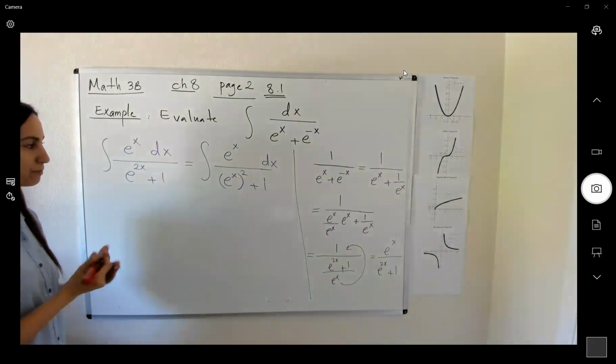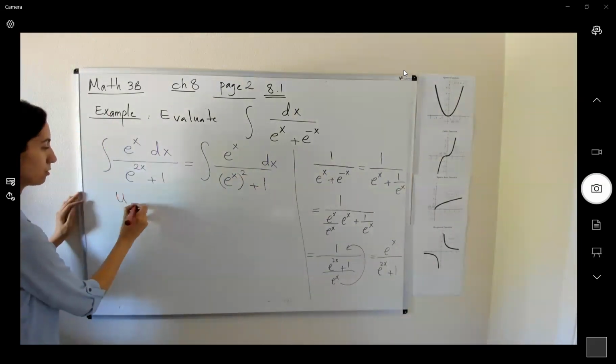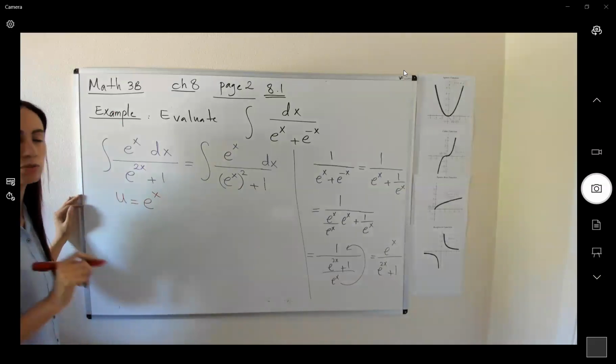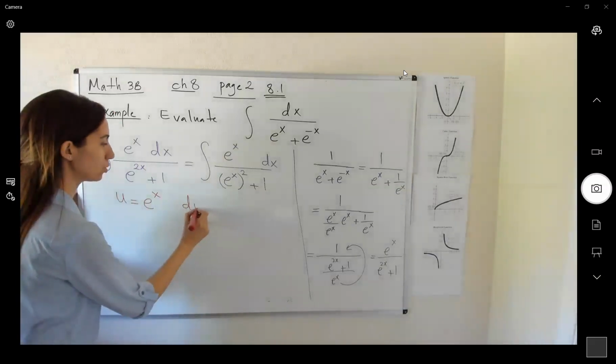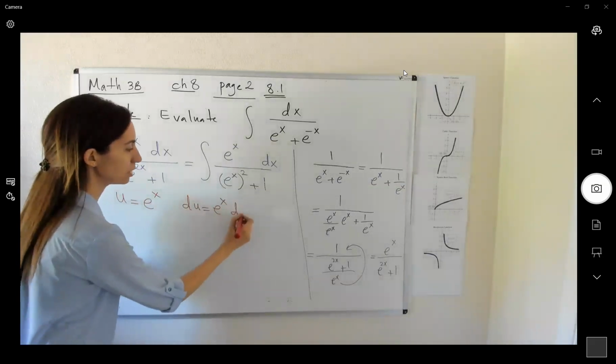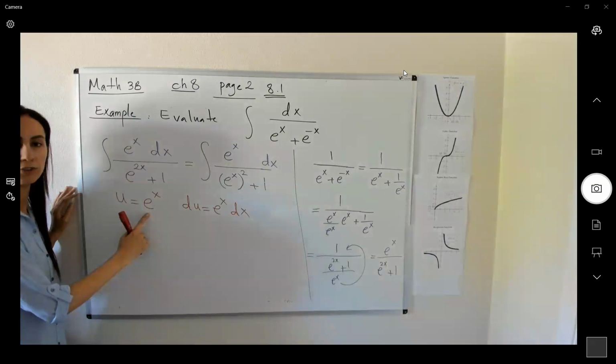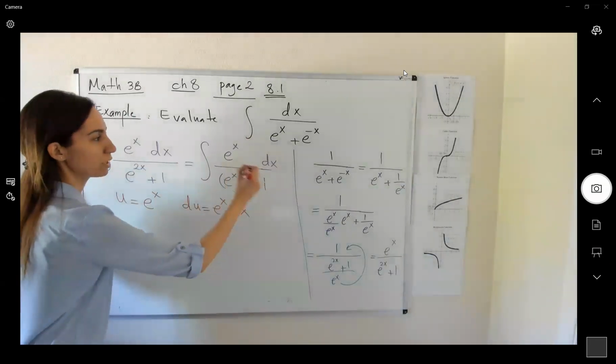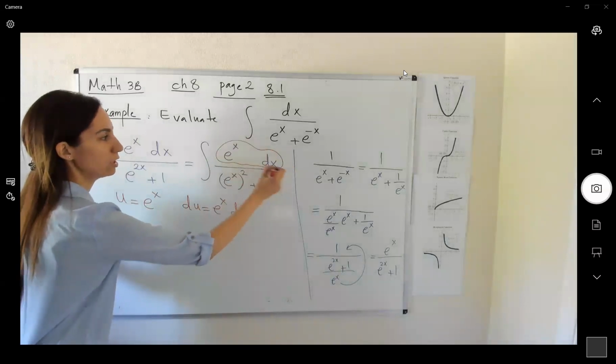Take a look at this. Let u be e to the x. I'm going to use a u substitution. du is equal to e to the x dx. The derivative of e to the x is e to the x dx, which is up here. This is my du.